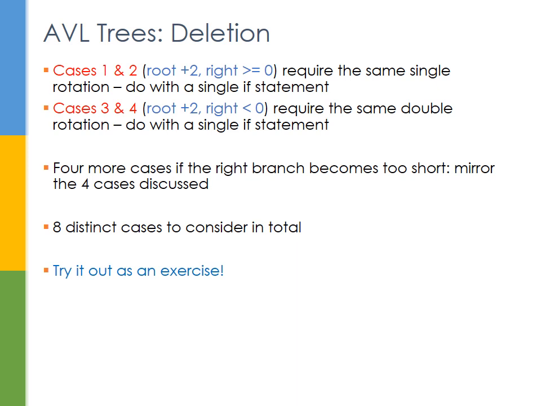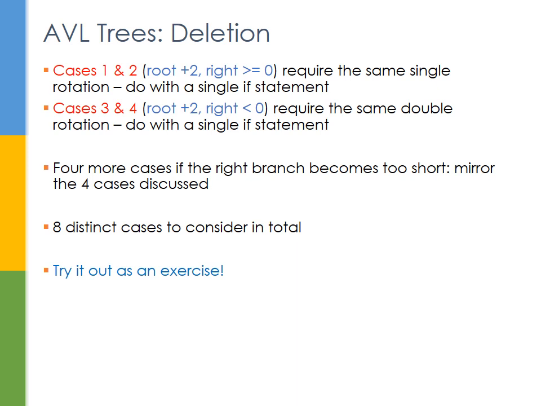So let's finish off by looking at some implementation details related to deletion cases for AVL trees. Well, what we saw with the 4 cases that we've just discussed is that cases 1 and 2 are dealt with in the same way, and they both require a single rotation. So you can do this with a single if statement that handles both cases.